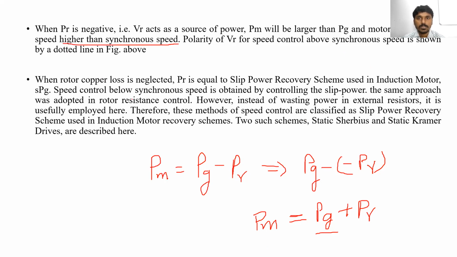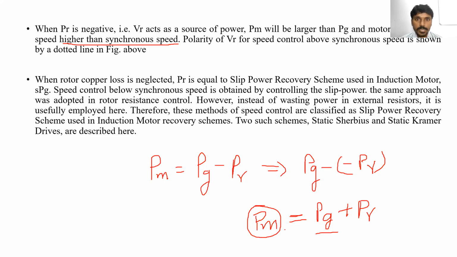Clear? When is it possible? When the power absorbed by the rotor circuit is positive. If the power absorbed by the rotor circuit is positive, PG minus of minus PR, PG plus PR, so this value is more than the mechanical power. When PG is higher, PM, the mechanical power developed by the rotor circuit, is higher, and the motor will rotate with a speed above the synchronous speed.